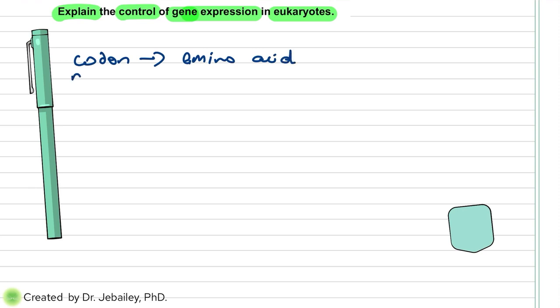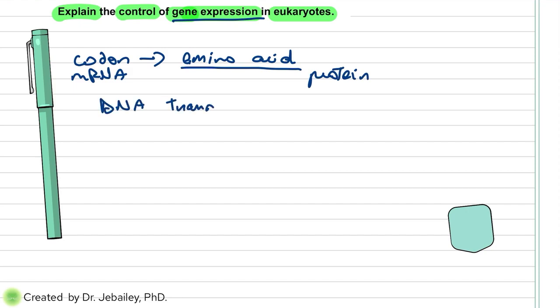And the codons are found in the mRNA, and when they are going through translation, they eventually turn into a protein, right? So this is gene expression. So one of the first things we do is going from DNA to transcribing DNA into an mRNA. Here you're using nucleotides, that's one.